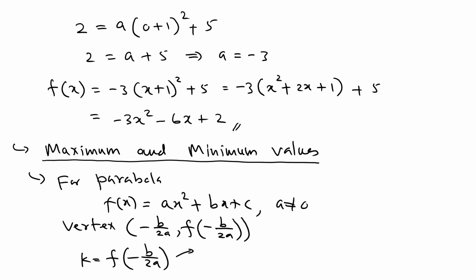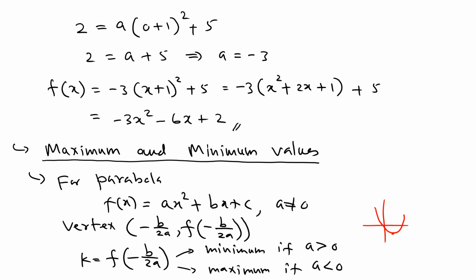It is going to be a minimum if a is positive, meaning the shape of the graph is like this, and it has a maximum if a is negative, which has a graph like that. So that's the idea we're going to use. The k value is the maximum or minimum.